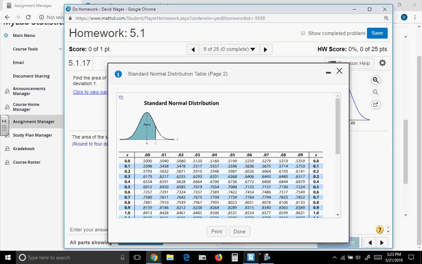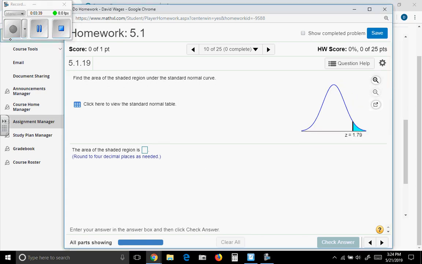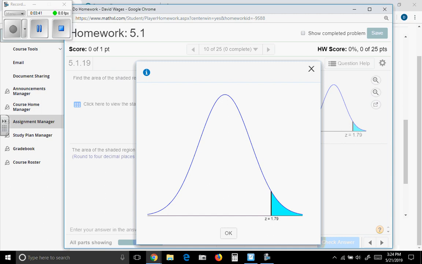All right, so that's one. Let's take a look at some others. Let's take a look at this one, number 10. They give us a standard curve with a z-value of 1.79, and they want us to find the area here. So let's copy this over.